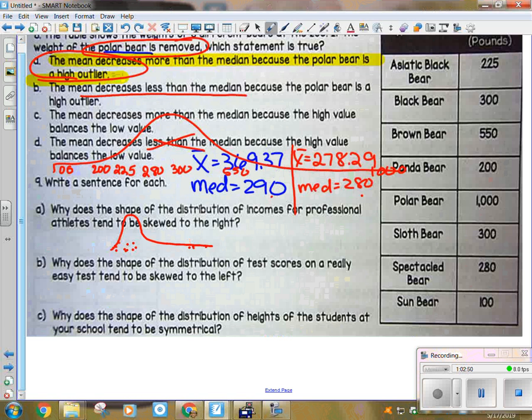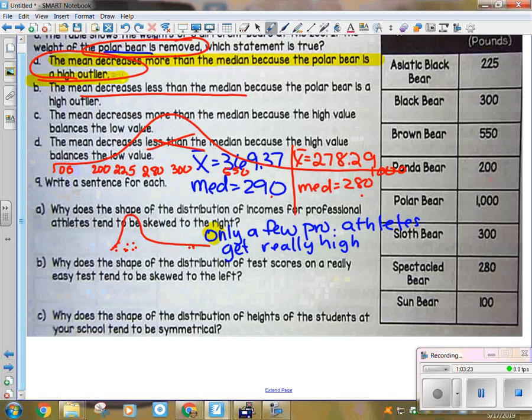So what does that mean in terms of incomes for professional athletes? How many professional athletes are getting paid the big bucks, like the mega? Okay. There are only a few. Only a few professional athletes get really high pay.